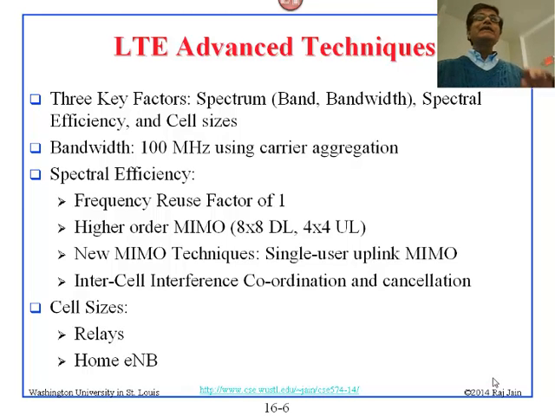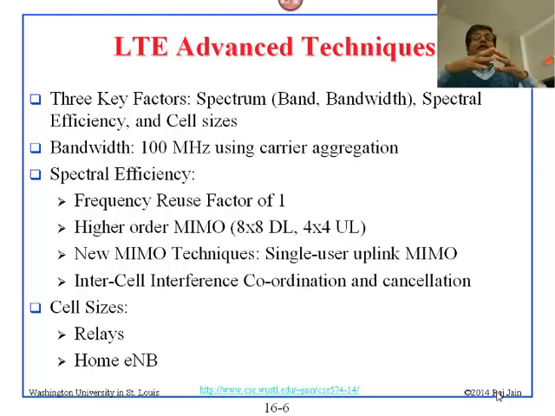Now, one key mantra of wireless design is that if you want to get data rate, there are three things you play with. Band and spectrum, which includes two things, band and the bandwidth. So basically, if you run at 700 megahertz, you get a different result than if you run at 2.4 gigahertz. You know that, right? And then the spectrum, if you use 100 megahertz, then 50 megahertz, you get different results.